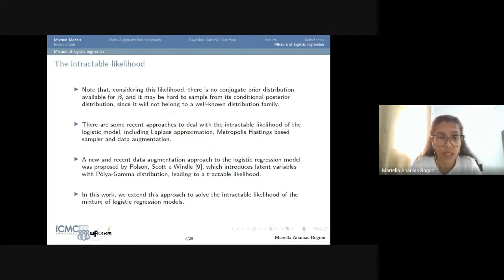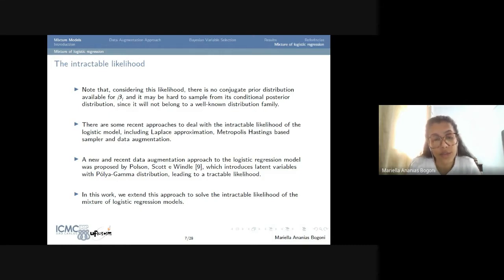Note that with this likelihood, there are no conjugate prior distributions available for beta_i. It may also be hard to sample from its conditional posterior, since when we join that likelihood with the prior distributions for beta_i, the posterior distribution will not belong to a well-known distribution family.